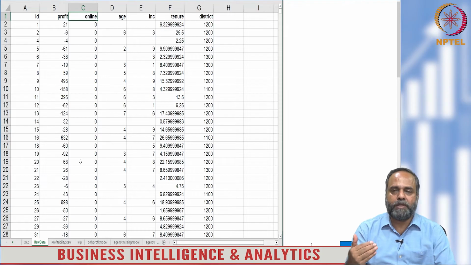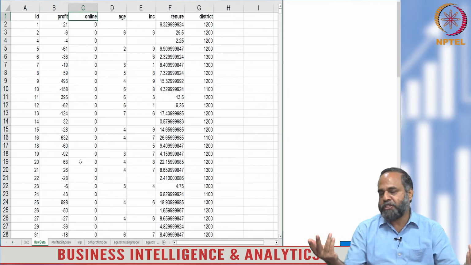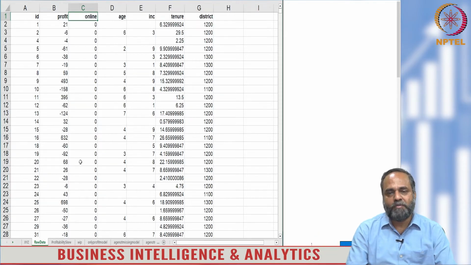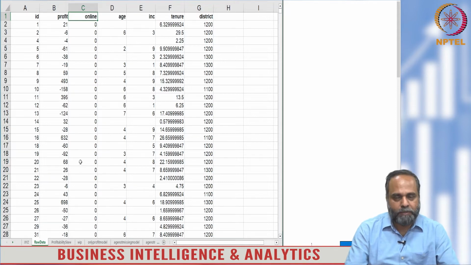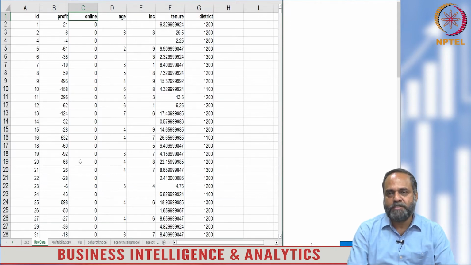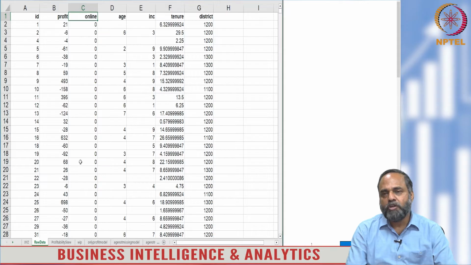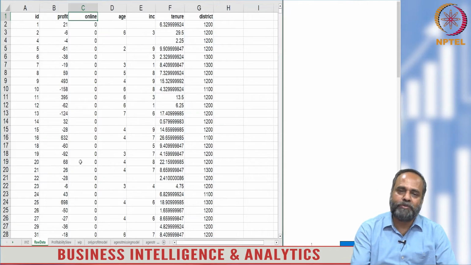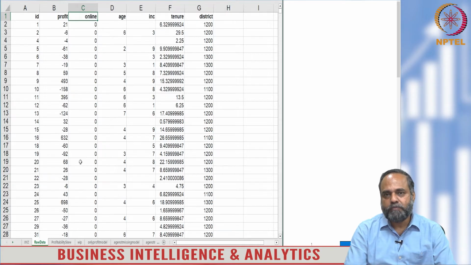That's the assumption. On the other hand, if there is no difference in profitability, then probably the bank can charge for the online service because it's a cost to the company, or it's an opportunity to generate another source of revenue. Correct?